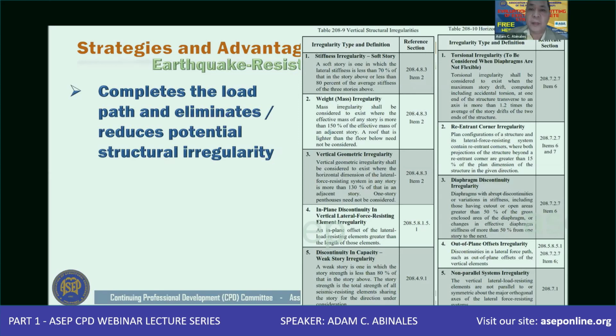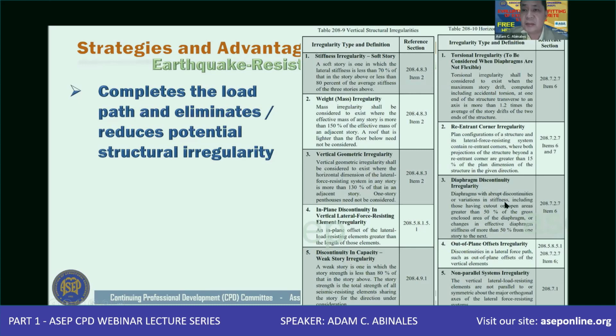So when you talk about vertical irregularity, you have a case of stiffness irregularity, commonly known as soft story, or you have a mass irregularity, or something like a vertical geometric irregularity, or a case of in-plane discontinuity in the vertical lateral force resisting element, or discontinuity in capacity, otherwise termed as weak story.